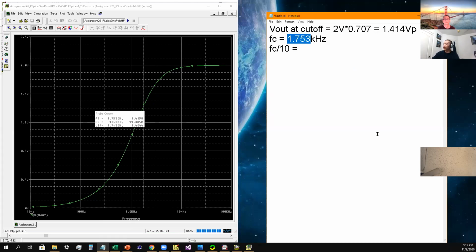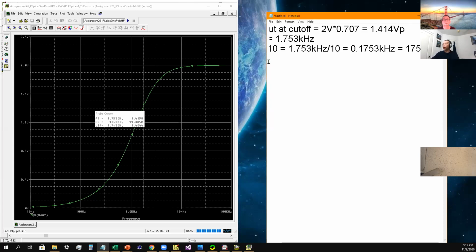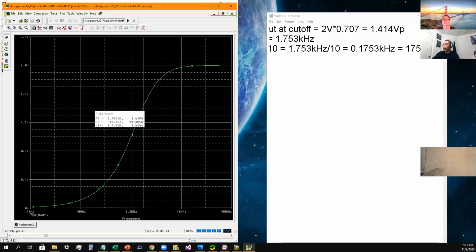We're taking this one here. 1.753 kilohertz divided by 10 would equal 0.1753 kilohertz, or the same thing as 175.3 hertz.